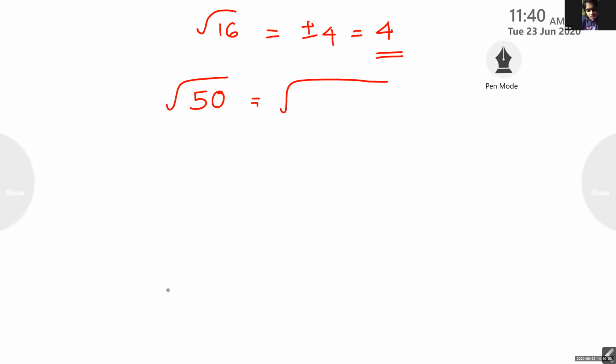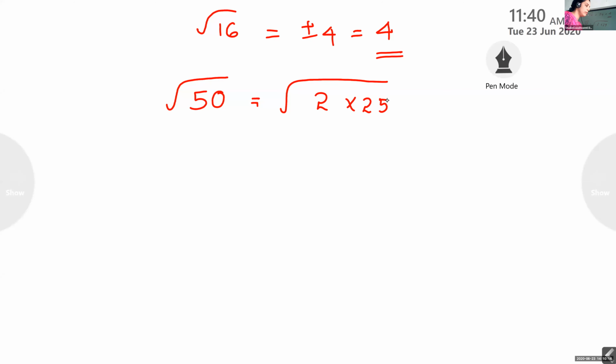I don't know whether you have studied it in your previous classes or in 8th standard. You might have studied it. For root 50, you have to write a perfect square into something. How will you write root 50? 2 into 5 square, that is, 2 into 25.